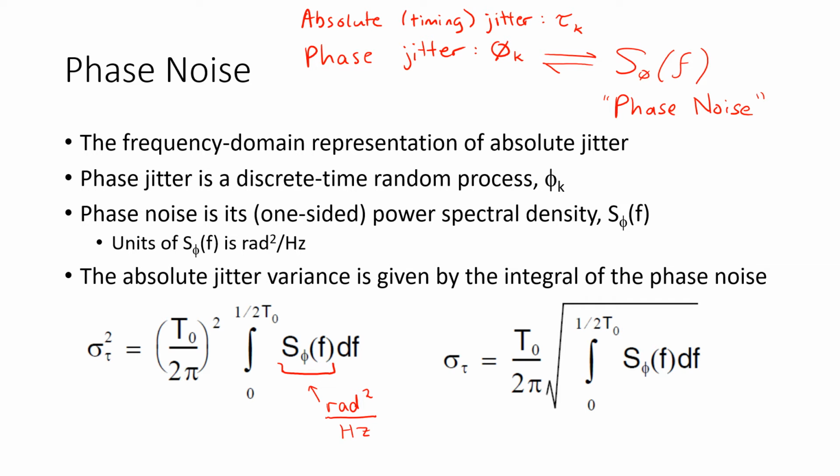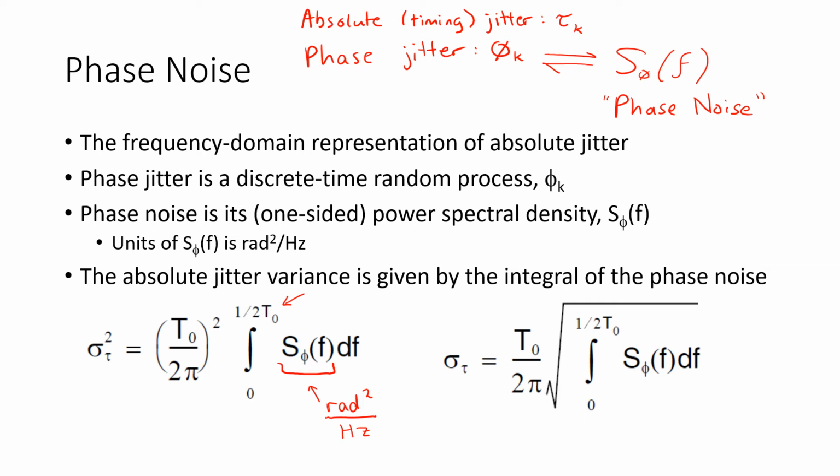Now we can obtain the total variance of the phase jitter by integrating this power spectral density, the phase noise, over all frequencies. Remembering that the underlying process is just defined at the zero crossings of the periodic waveform, it's a discrete time random process, and therefore the upper limit of integration is not infinity, but is 1 over the sampling rate of the discrete time process.